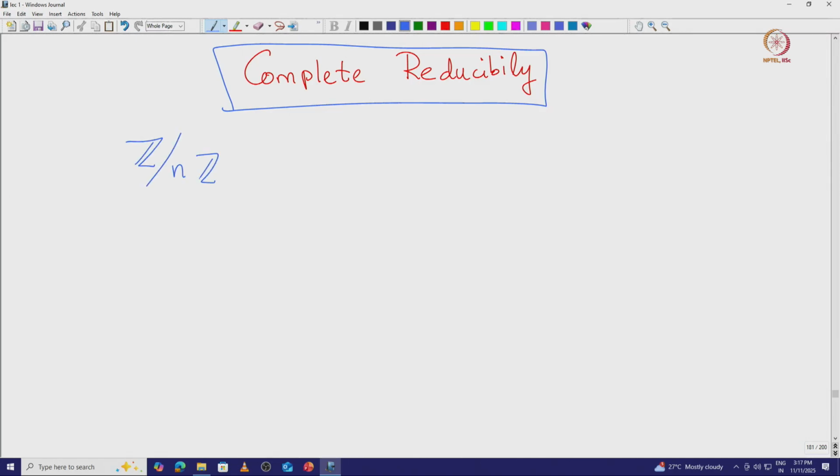The order of the group is n, and we know that this group is generated by, let us say, 1 bar, and then all other elements are given by these congruence classes modulo n.